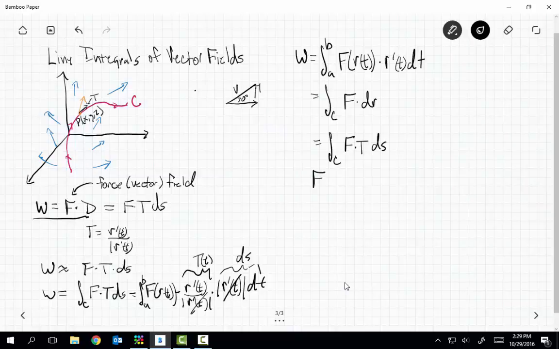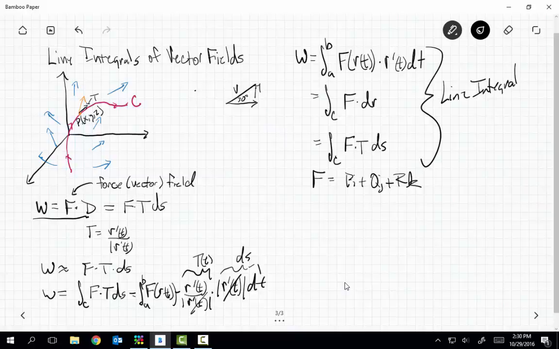Given a vector field, F equals P i plus Q j plus R k. Okay, so we just got a regular old vector field. We're not afraid of it. And we know that, by the way, this work is literally how we define a line integral over vector fields. So these guys are line integrals of vector fields.